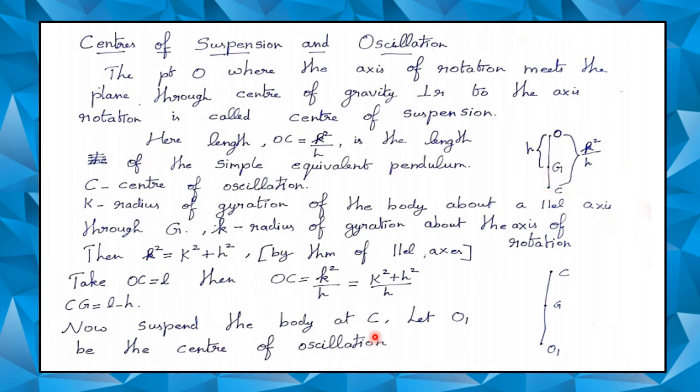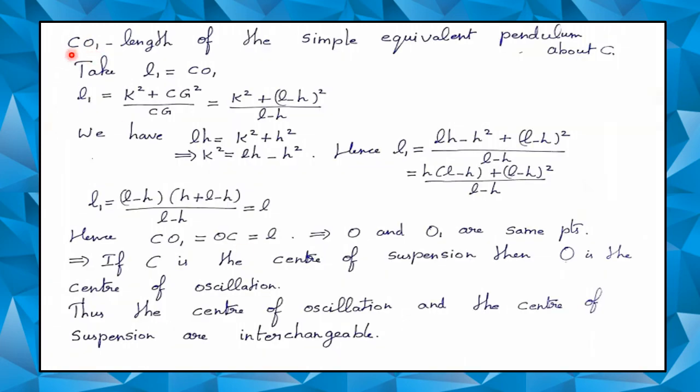So let C be the center of suspension and let O1 be the new center of oscillation. Then CO1 is the length of the simple equivalent pendulum about C, and if we take L1 equal to CO1, then by the similar process L1 is equal to capital K square plus CG square by CG, and this is equal to K square plus (L minus h) the whole square by (L minus h).